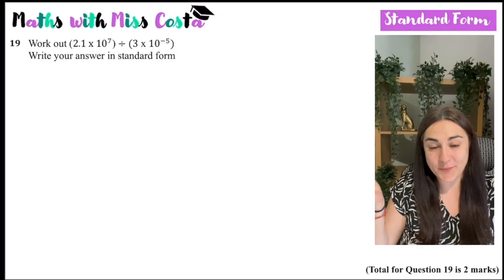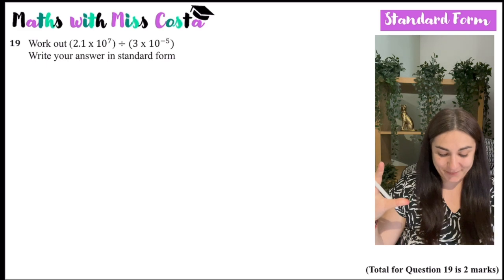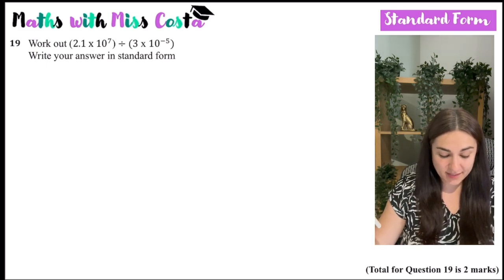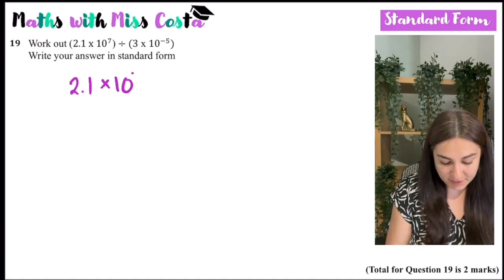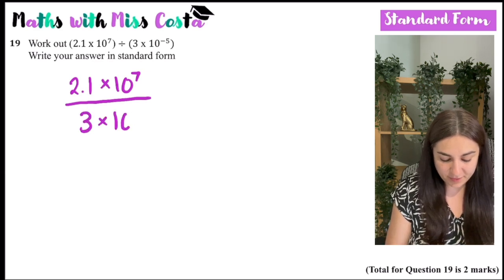Okay, so dealing with standard form, when you've got a question like this, there's a few things that you can do. So 2.1 times 10 to the power of 7 is being divided by 3 times 10 to the power of minus 5.